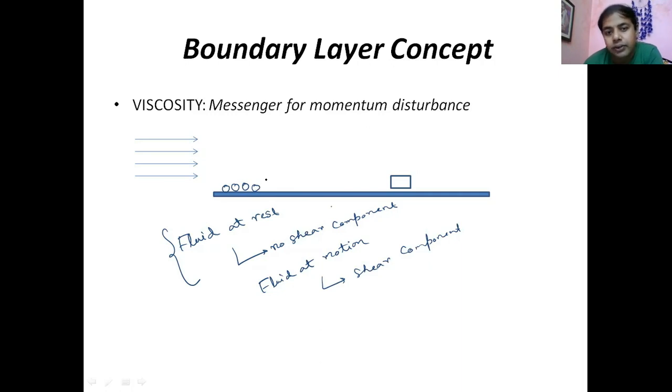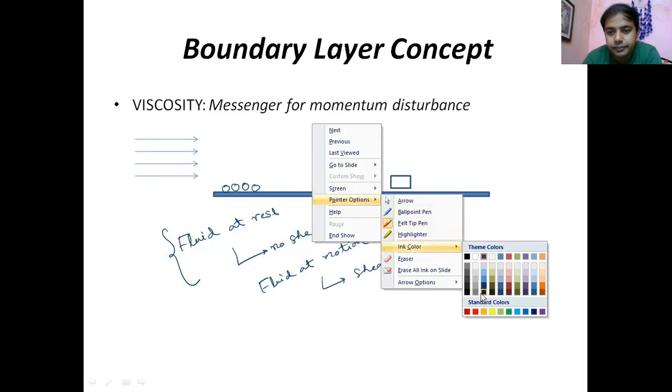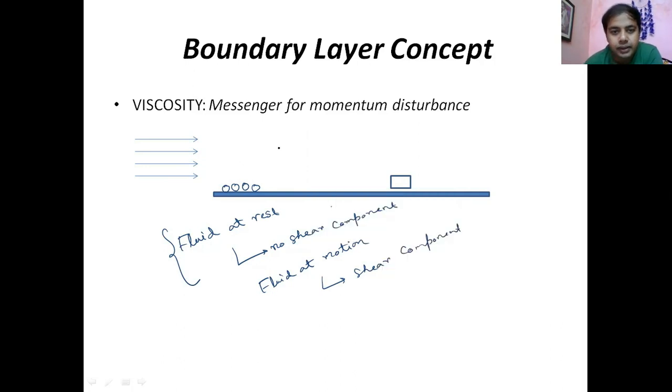Here the molecules have no velocity. We are plotting along the y direction. So at the end, here there is no velocity.